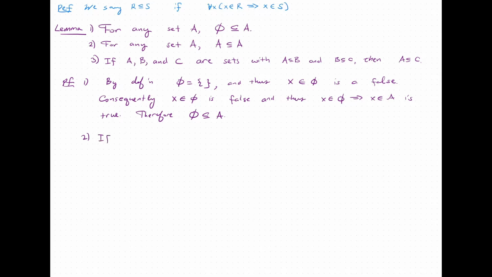So if A is equal to the empty set, part 1 shows that the empty set is a subset of the empty set, since this held true for any set A. We can just replace A with the empty set here, and we have that the empty set is a subset of itself. Of course these two are equal, but we want to prove containment right now. And so we have this situation.